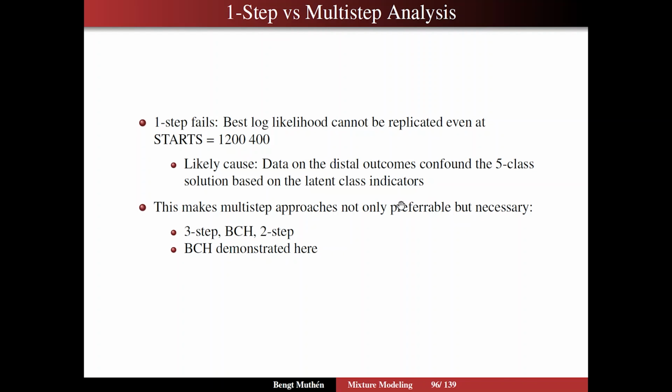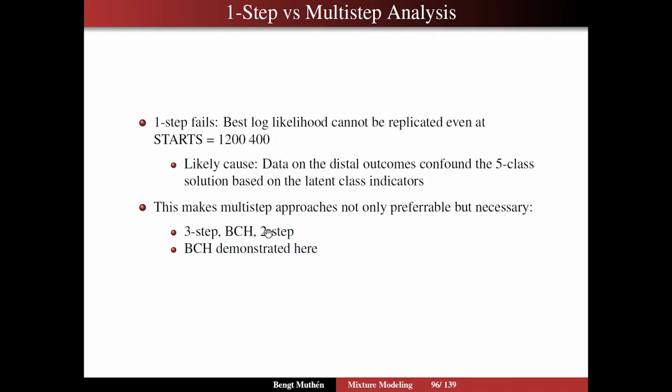So it's like the distal outcomes pull in a different direction towards a different mixture solution than what you get for the latent class indicators, those 17 items. So this makes multi-step approaches not only preferable, but necessary. Can't get a solution otherwise.